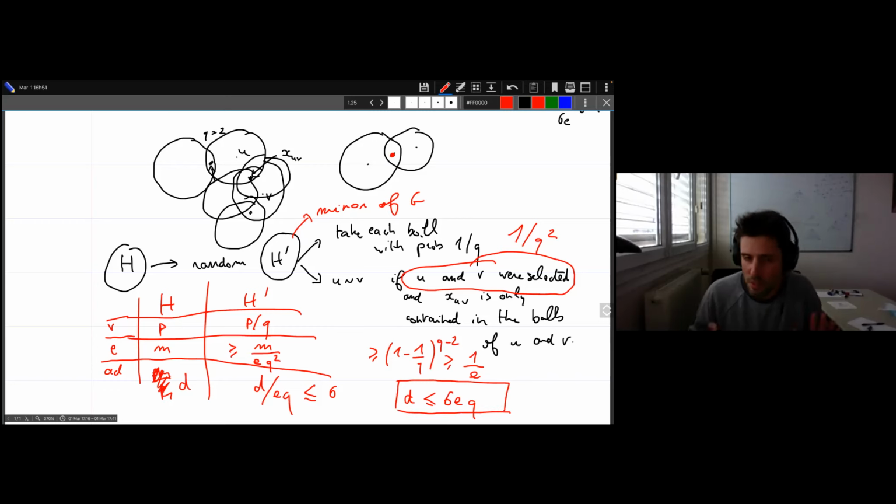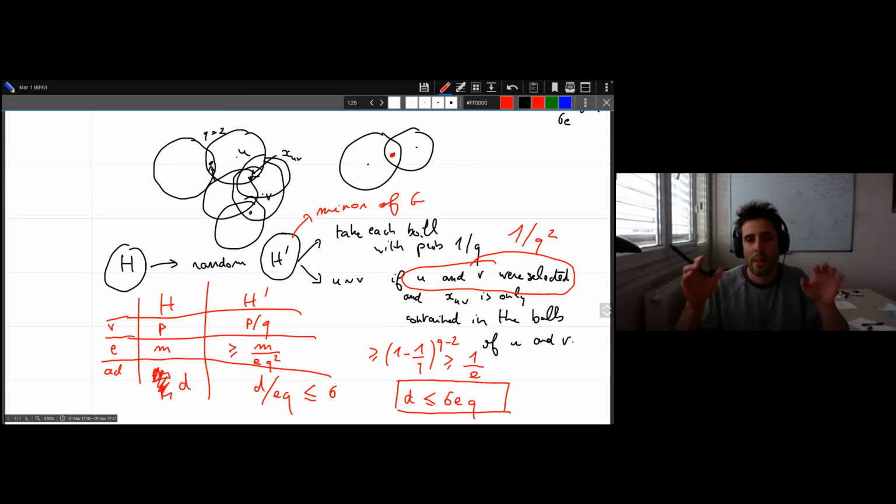Just to tell again what I did, I started with a fractional packing, and I wanted to extract a packing out of it. For this, the only thing I needed to prove is that the independent set was large. Or, put the other way around, that the average degree was small. But the average degree is too complicated to compute.